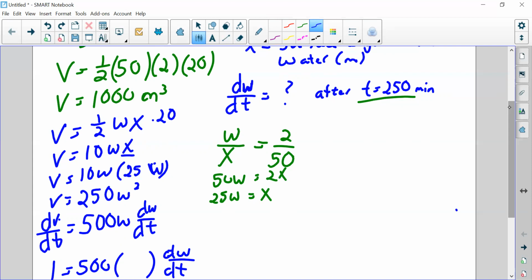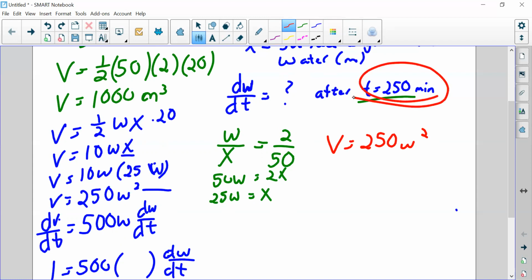Think of this. We have this volume formula here, right? Volume is equal to 250W squared. We haven't used the time. Our time is 250 minutes. So what would be our volume of the water after 250 minutes? 250 meters cubed, because it's filling up at 1 cubic meter per minute.